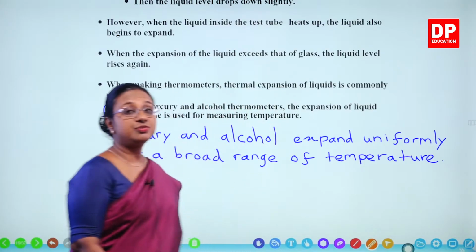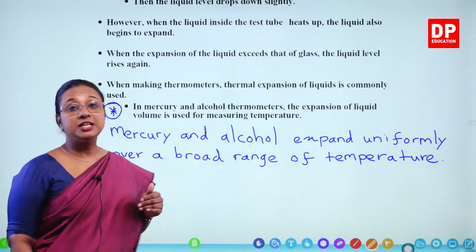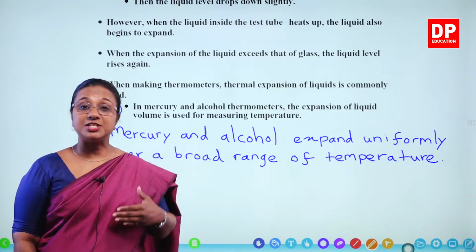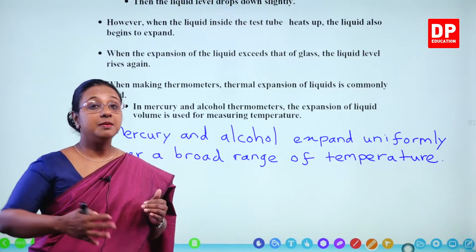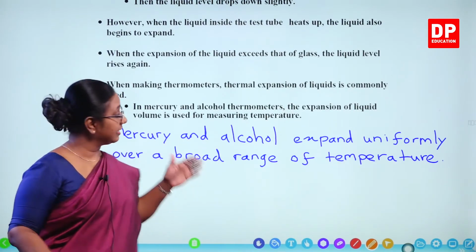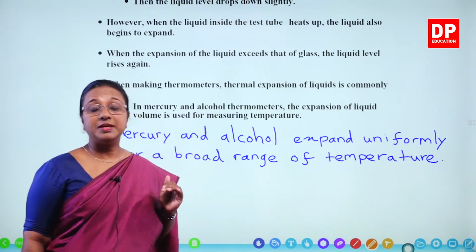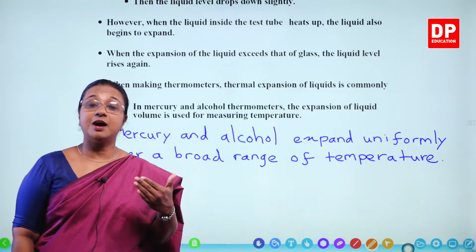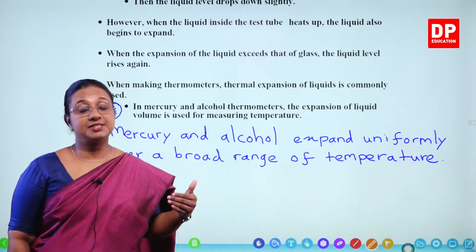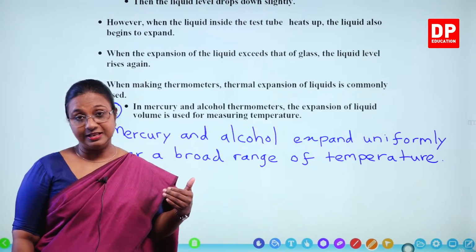And here also students, you all can remember mercury thermometer is useful in measuring very high temperatures above 100 degrees Celsius, whereas alcohol thermometer is very useful when it comes to lower temperatures, minus values in degrees Celsius.